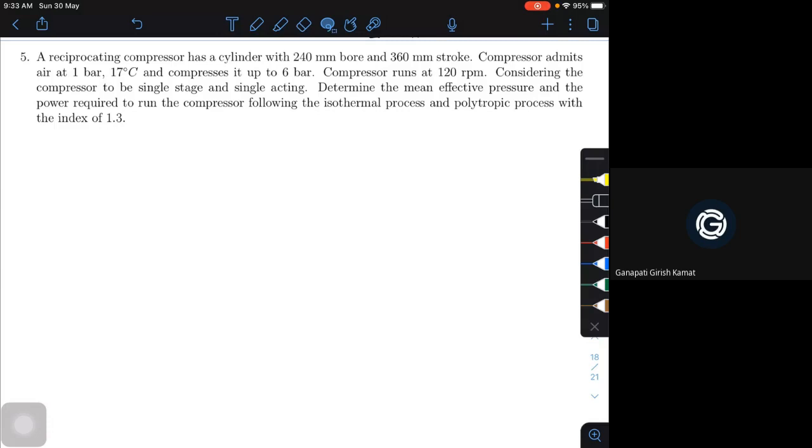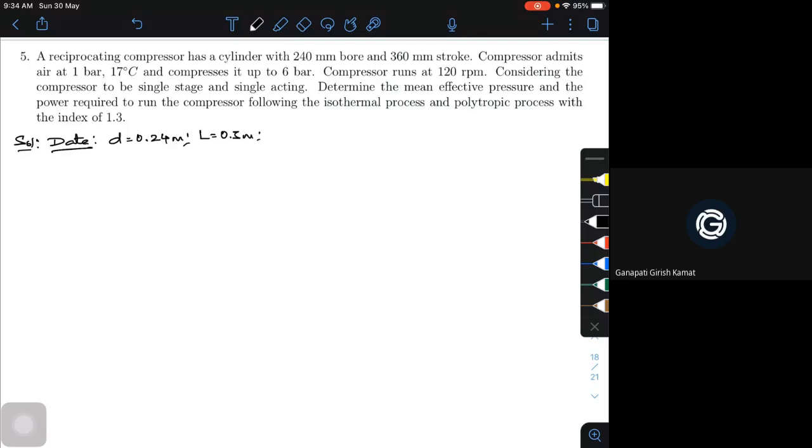So let's try to solve this. Let's write the data. The bore diameter, we call it D, is 240 mm or 0.24 meters. The stroke length is 300 mm or 0.3 meters.